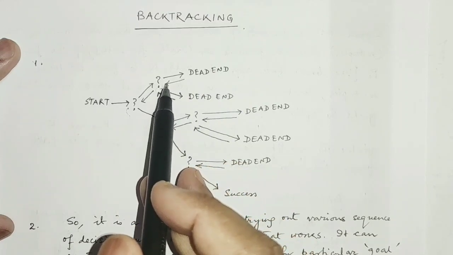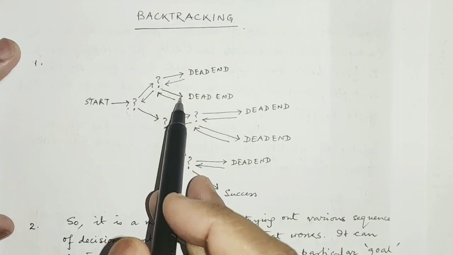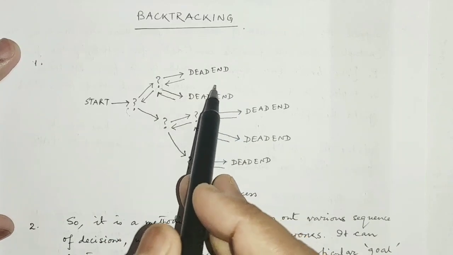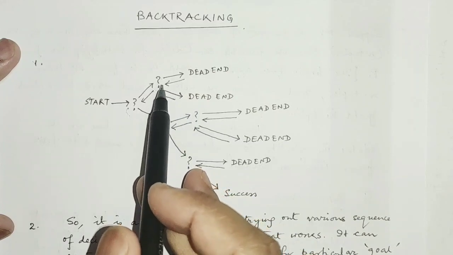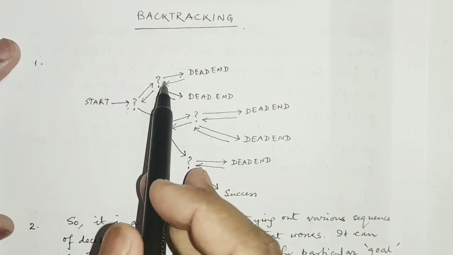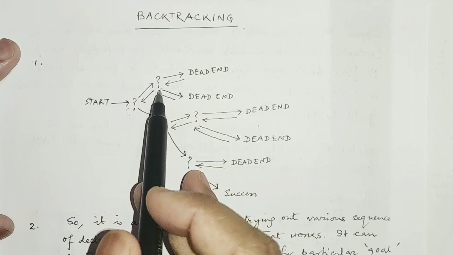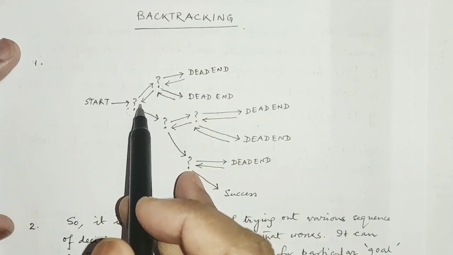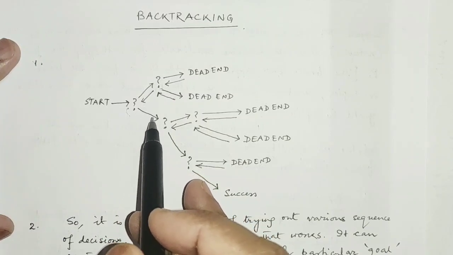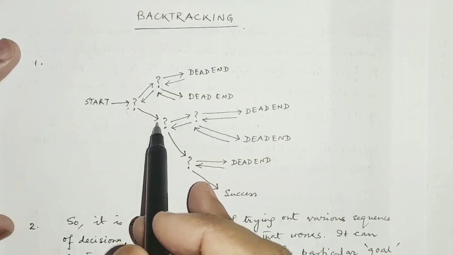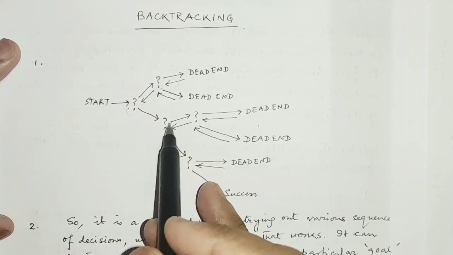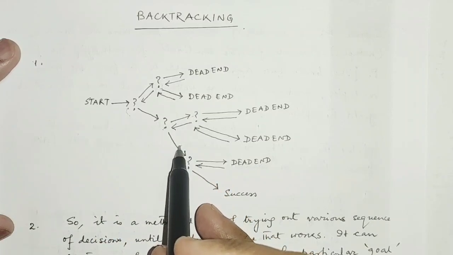To the immediate previous section. From there I may move towards the other alternative, and unfortunately it is also a dead end, so I move back. As we don't have any other options to apply, I come back here, because this path I have not yet applied. I move on this, then I come here, and again I have two alternatives.